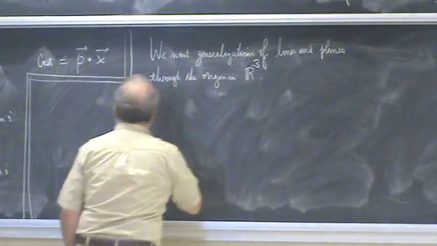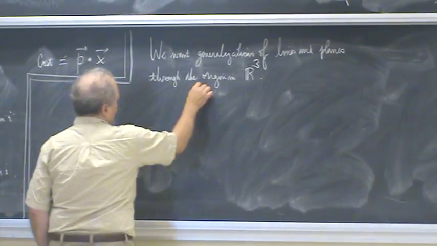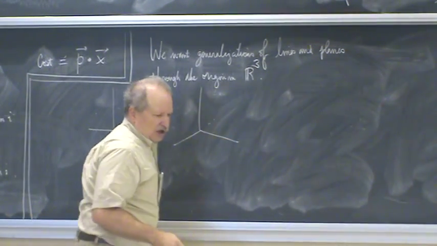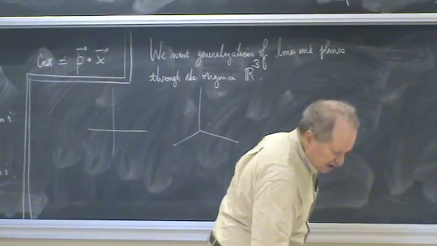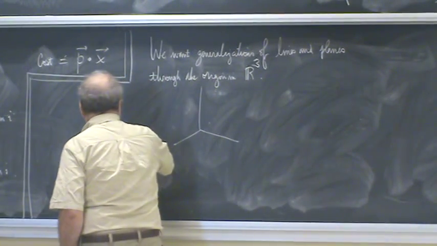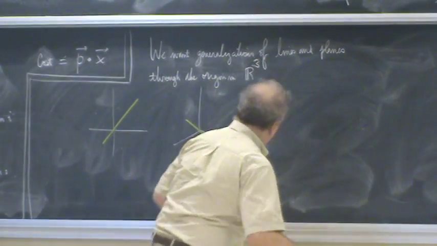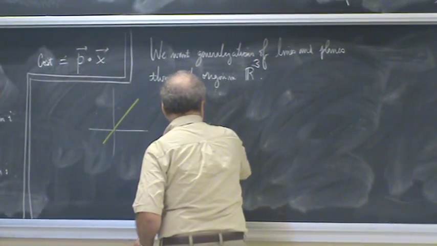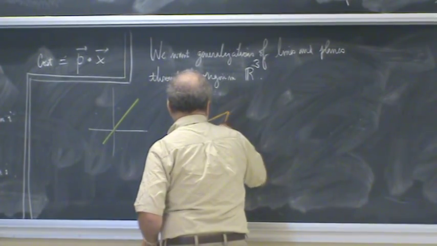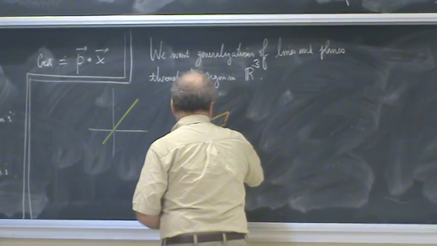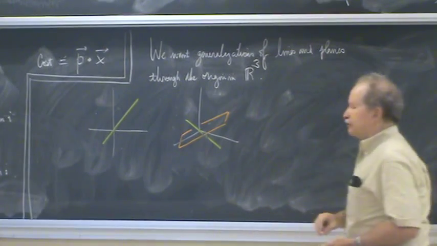So if you think about R2 or R3, can you name me some properties that lines through the origin or planes through the origin might have?